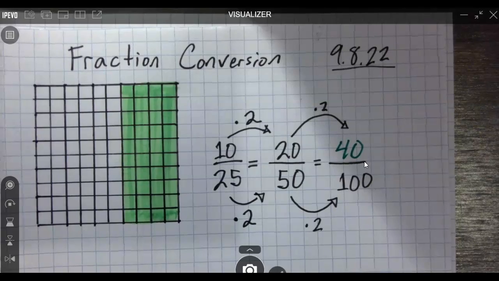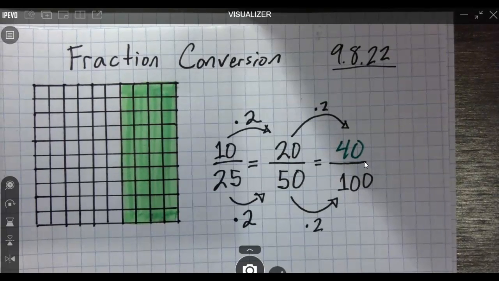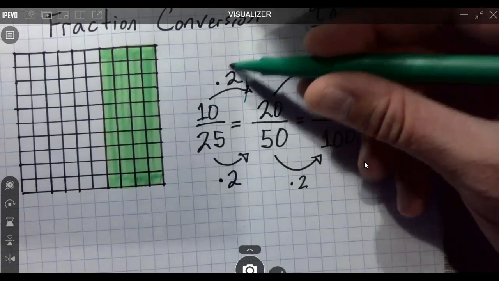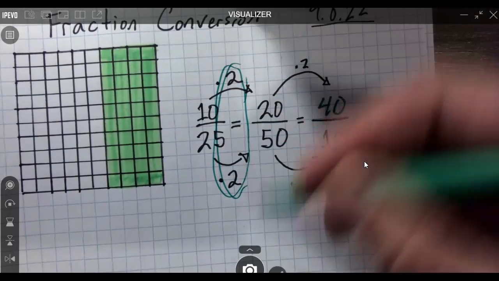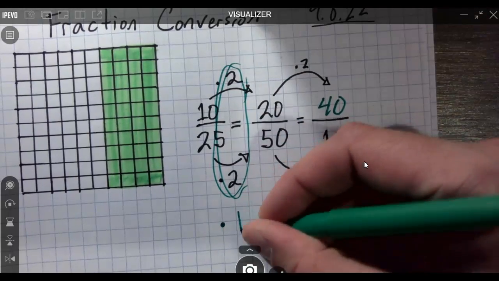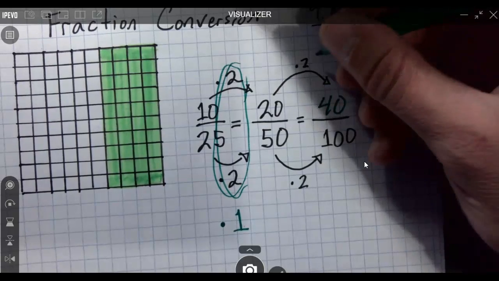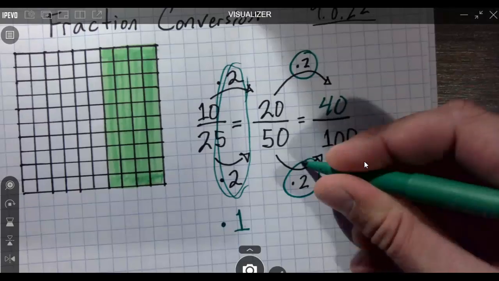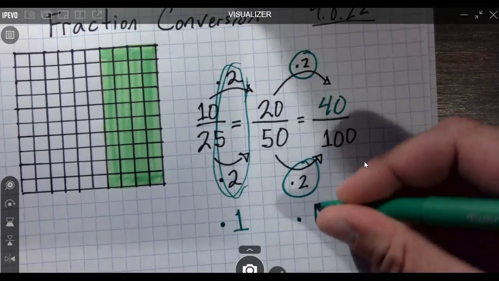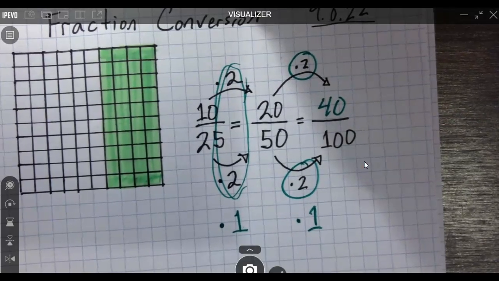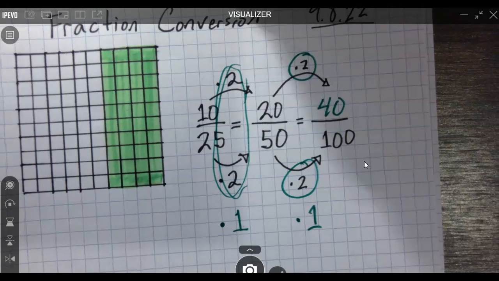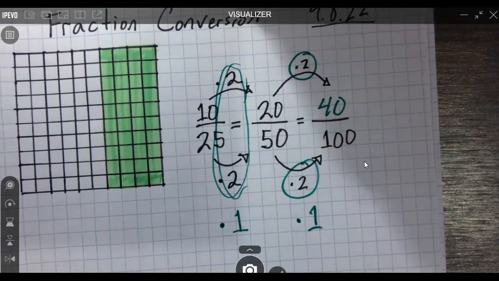Because what we really did, and what I want you to indicate, is that this right here is actually times 1. When you do the same on top and bottom, that's actually times 1. And multiplying by 1 doesn't do anything.